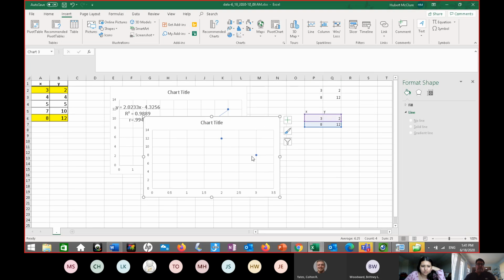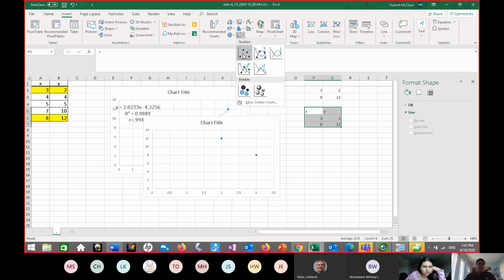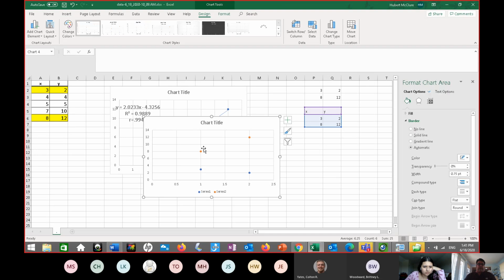I don't know why it's doing that. It's not supposed to do that. Insert. There we go. All right, now I got it. See the orange ones? Should be the orange ones. No. I don't know why it's doing what it's doing.